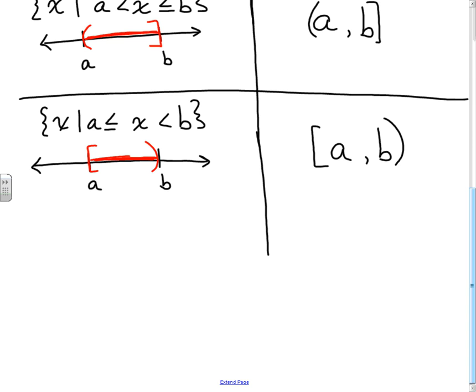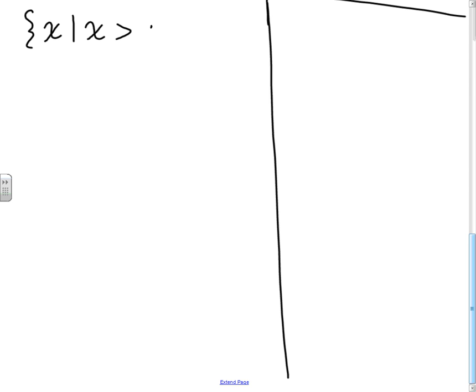All right, let's look at just a few more examples here. Okay, so what if our solution set looked like this? All values of x such that x is greater than A. All right, the graph has A as the endpoint.